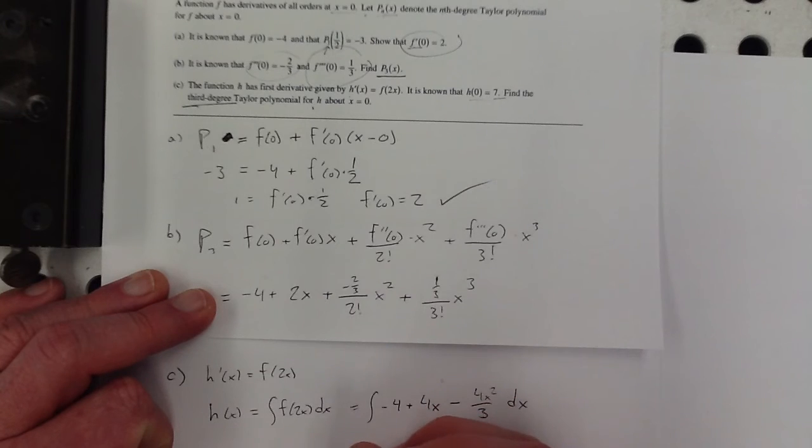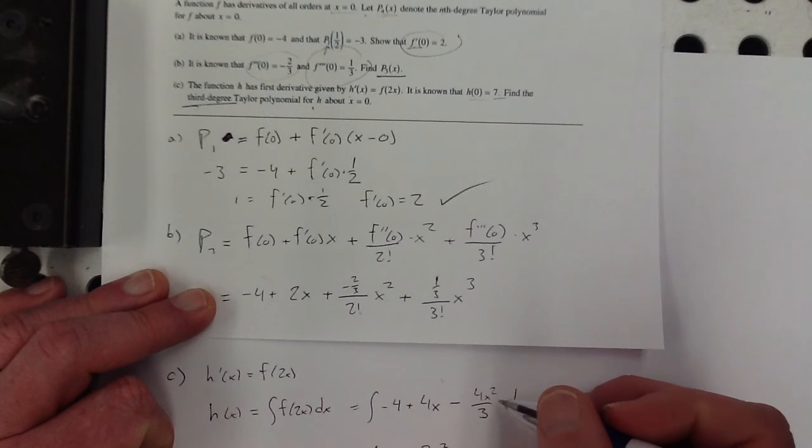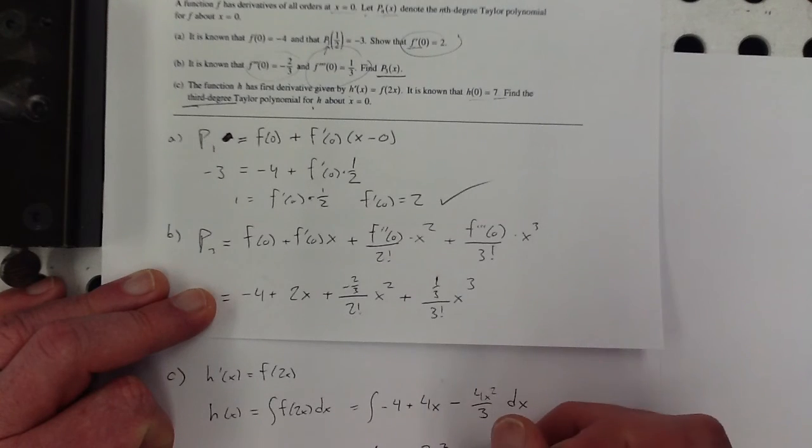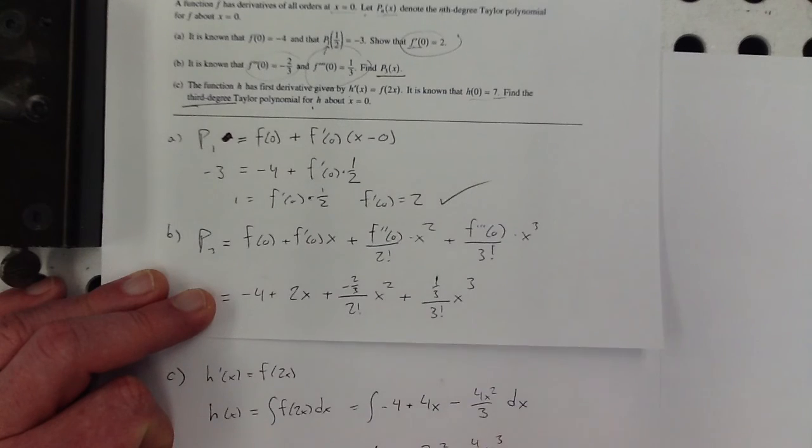So that is negative 4x plus 2x squared. That's the antiderivative of that. And antiderivative of this is minus 4/9 x cubed, I think. I know how to do calculus.